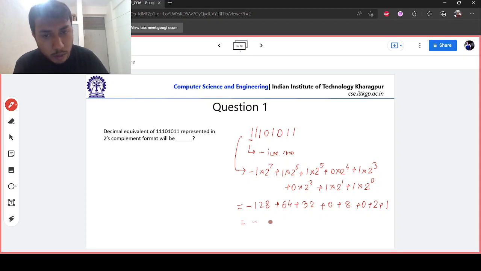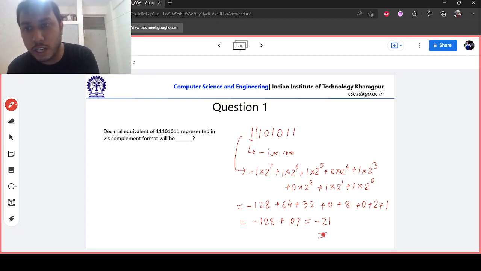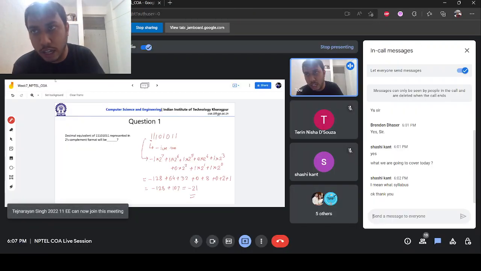So this will come down to minus 128 plus 107, which is minus 21. So this is the answer. Basically this is a very shortcut way of converting a 2's complement number into a decimal equivalent. If you have any doubt, you can ask. I will go to the next question.